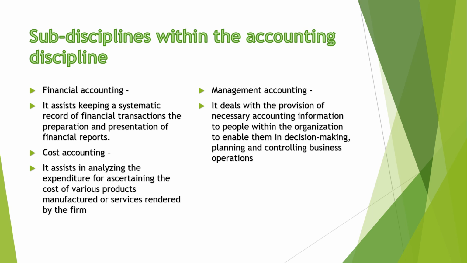So for different purposes we divide the main book into three parts. Cost accounting records all the costs incurred for production, management accounting provides the information required for decision making, and financial accounting is the systematic record of all financial transactions.